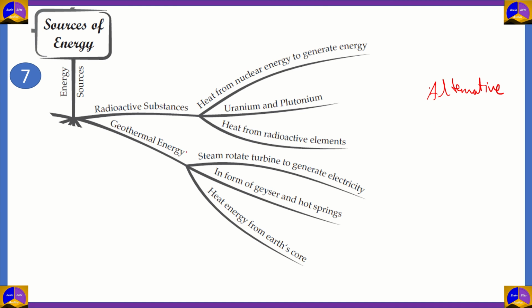Now, geothermal energy uses the heat of the earth. We know that the earth is made up of layers, and the top layer is what we call the lithosphere, and it is on top of the molten magma.